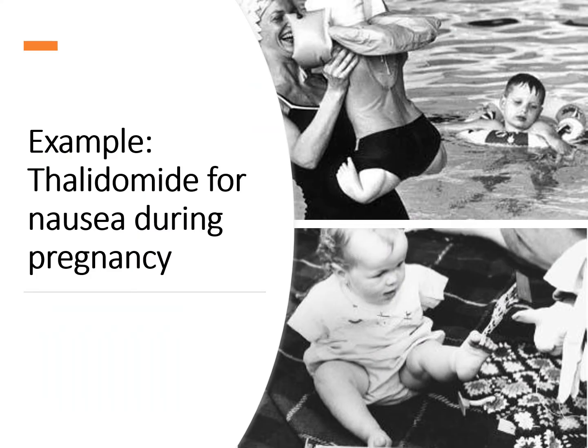Now, thalidomide is an example of a teratogenic medication that was used years ago. It was highly effective for nausea and vomiting in pregnancy, which of course is a pretty common effect in pregnancy, that women get nauseated and a lot of vomiting. If it's excessive, we actually have a term for it.